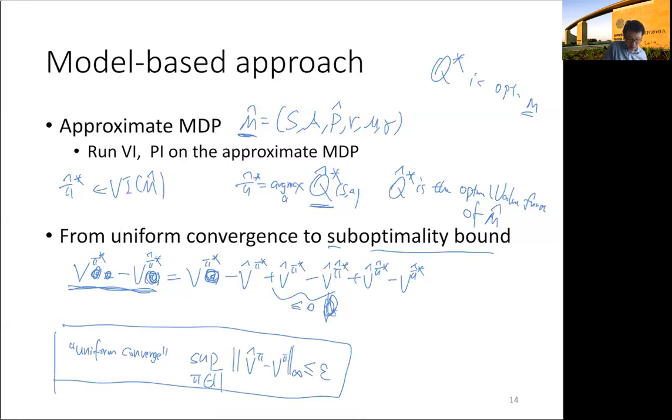So we can choose this policy to be pi star, which gives us this term smaller than epsilon. We can also choose this policy pi to be pi hat star, and this gives us something smaller than epsilon. So overall, this gives me a bound of 2 epsilon. This reduces the problem to using n samples to establish such a uniform convergence bound. This is a standard trick that's used a lot in machine learning.